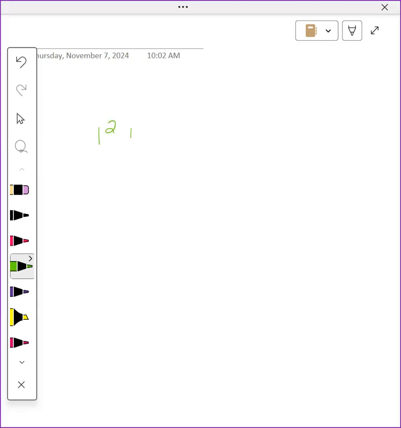Pythagorean theorem, 1 squared plus 10 squared equals C squared. What is 1 squared? And what is 10 squared? 10 squared is 100 equals C squared. What is 1 plus 100? It's 101. So 101 equals C squared.